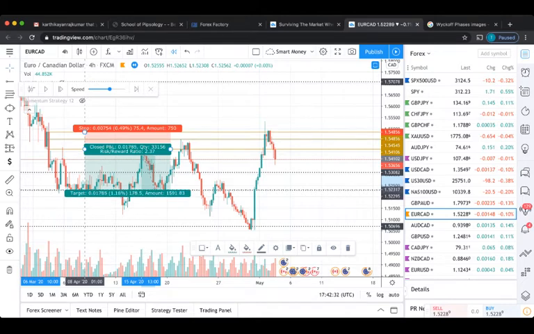Let's just say if we went to target number 1, your risk to reward ratio was 2.37. That's not too bad. We want it to be a lot better, but generally that's not too bad.